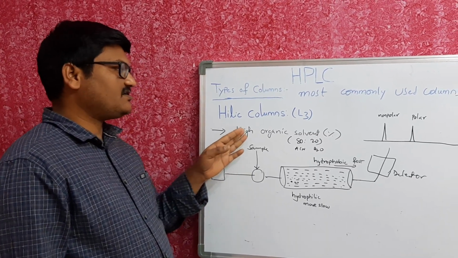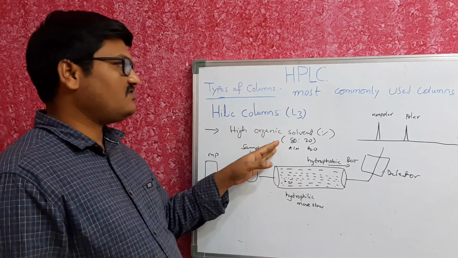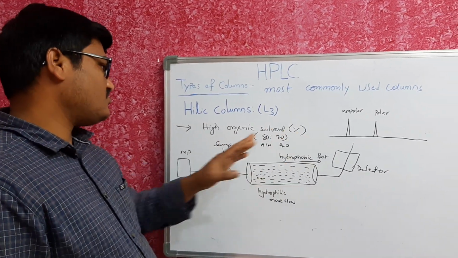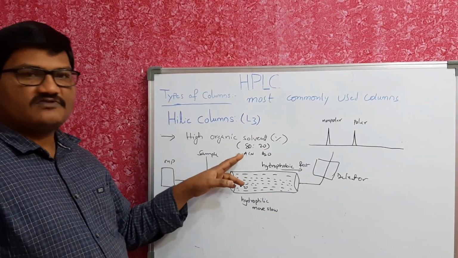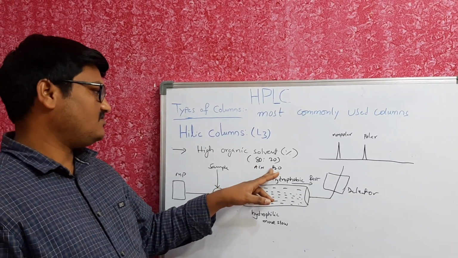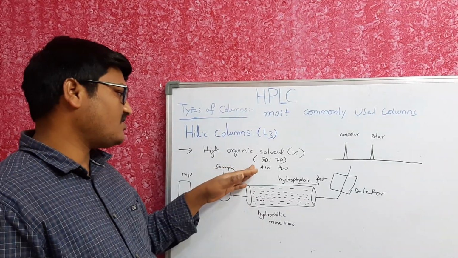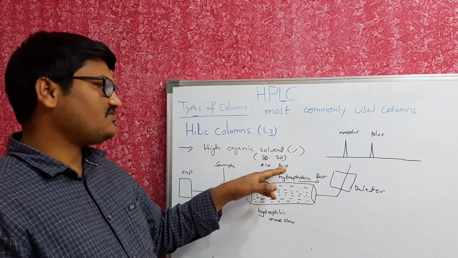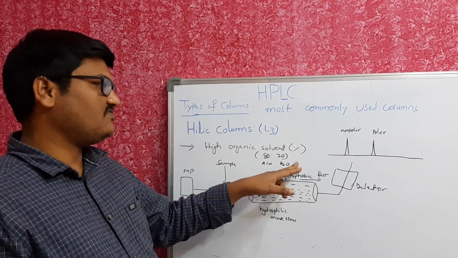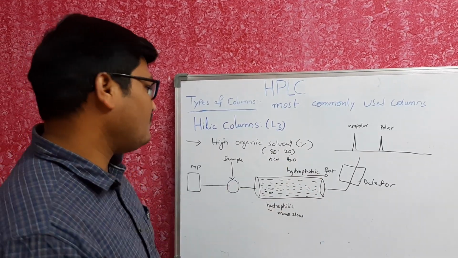While using HILIC columns for the separation of polar molecules, we can use 70 to 80% of the organic and 20 to 30% of the water combination as a mobile phase.